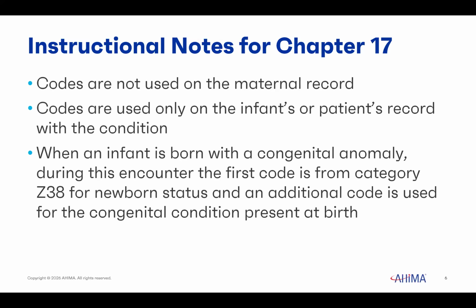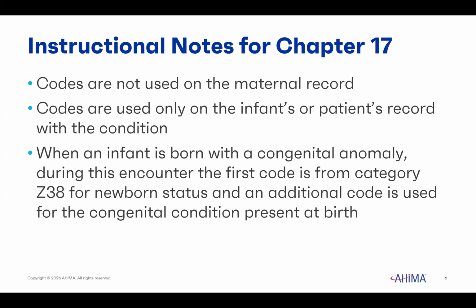Likewise, if the infant is transferred to another hospital, the principal diagnosis will become the congenital anomaly. It'll be that condition that is responsible, after study, for the baby being admitted to the second hospital. We would not code the newborn code again because you can only be a newborn once.